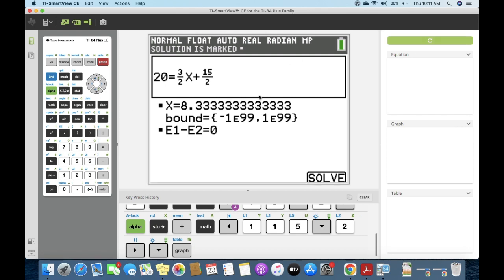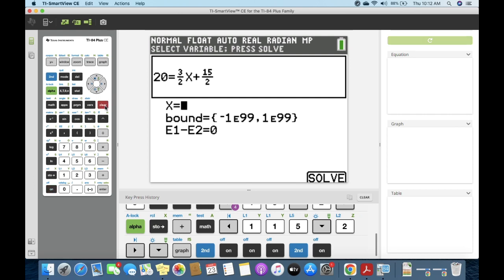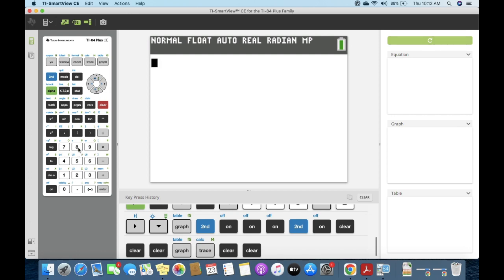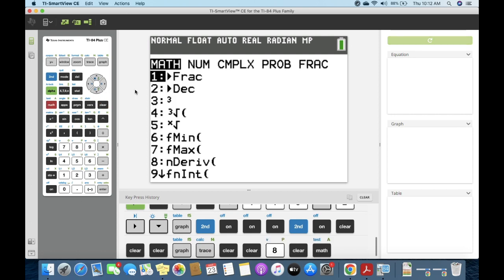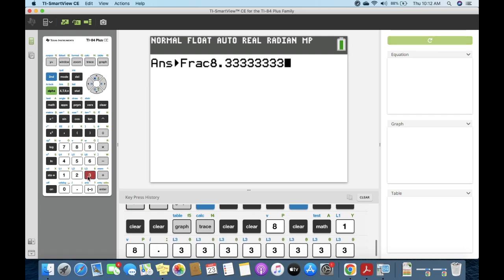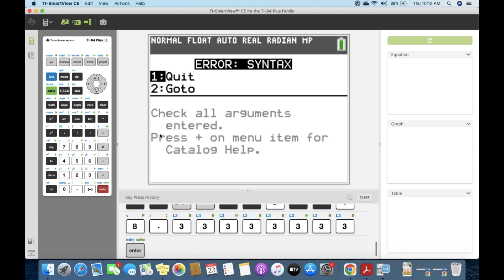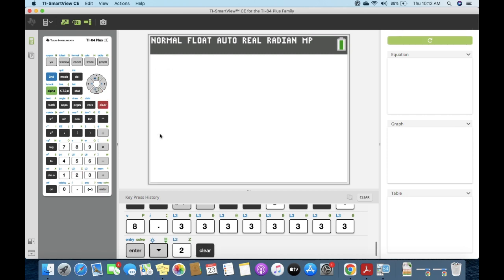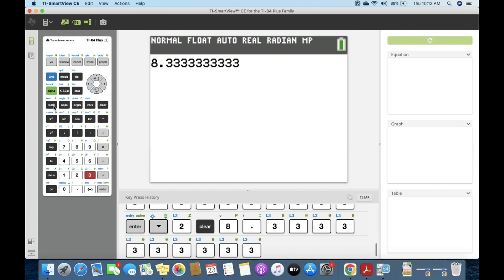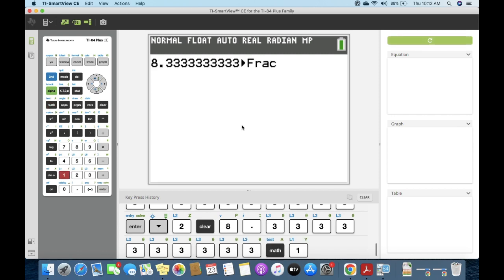But what I usually do if I see a long fraction is I'll try to type it in here: 8.333333, for example, and then math, then fraction.